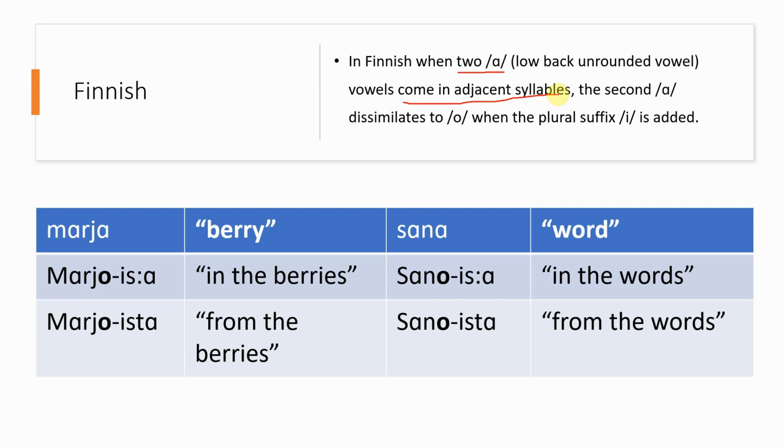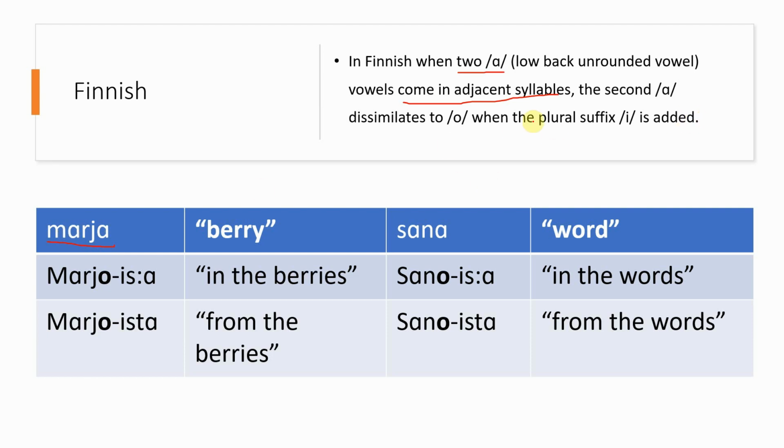Dissimilation will not only happen when we have sounds very close to each other, but also if we have the same sound in adjacent syllables. For example, the root word "marja": we can say "mar" and "ja", two syllables, so a is occurring in adjacent syllables.